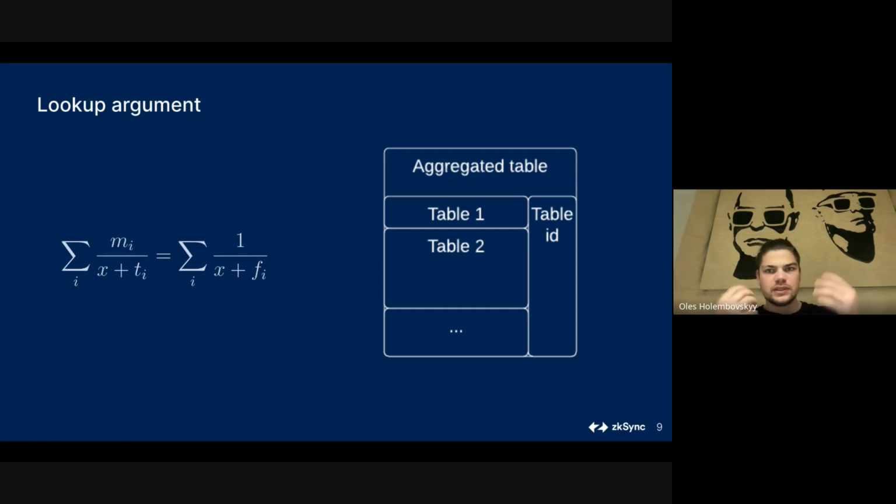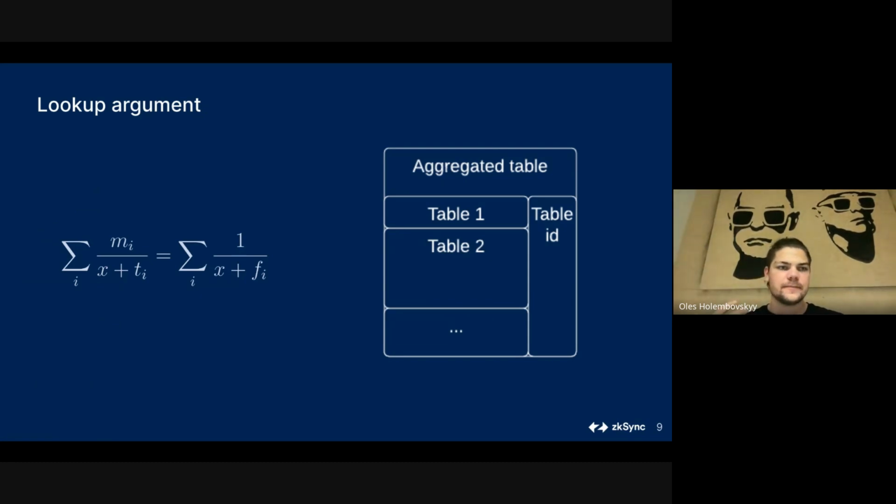In this case, you need 2 to the power 16 rows, because the first argument has 2 to the power 8 variants, because it's a byte, and the second one also has 2 to the power 8 variants. So in total, you have 2 to the power 16 cases of all possible pairs of bytes, and the third column contains the XOR result of them. Or you can also make AND or whatever.